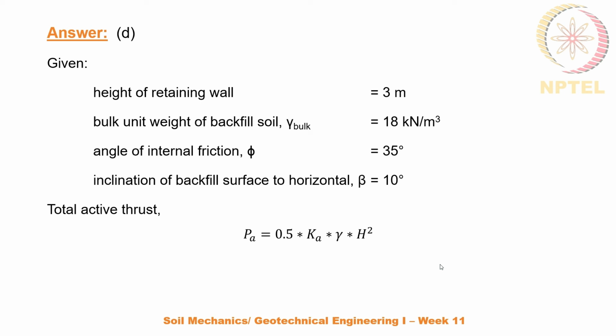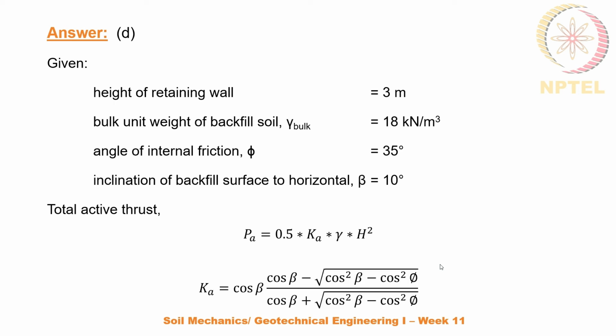So the total active thrust is 0.5 Ka gamma h square, as there is no cohesion or surcharge. Now, the coefficient of active earth pressure is given by cos beta into (cos beta minus square root of cos square beta minus cos square phi) divided by (cos beta plus square root of cos square beta minus cos square phi).